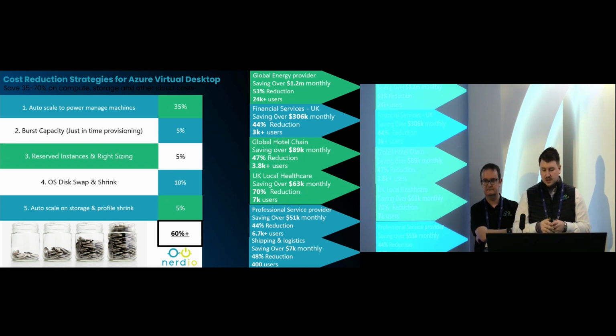That's for 3,000 users. That's a 44% reduction for them. Global hotel chain, $89,000 a month. That's a 47% reduction, for 3.8 thousand users, and so on and so forth. Even down to smaller companies saving $7K a month for 400 users. So we're seeing big savings for both large and small organizations.